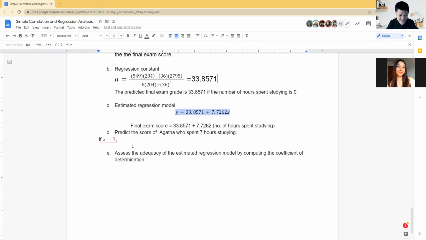Sige, let's see if that's correct. So if x is equal to 7, all you have to do is to substitute 7 here. The answer will be 87.9405, or if this is exam scores talaga, approximately 88. Tama? 88. So check na nga. 88 nga.